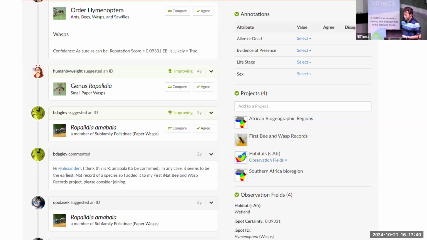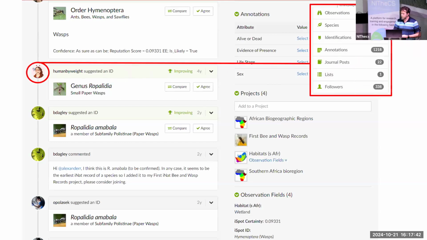And then I just want to put the sort of pedigree of these people. So in terms of iNat, you can rate people. And it's almost like a friendly competition. So how many observations do you have? How many species have you in your collection? How many identifications have you made? And so on and so on.